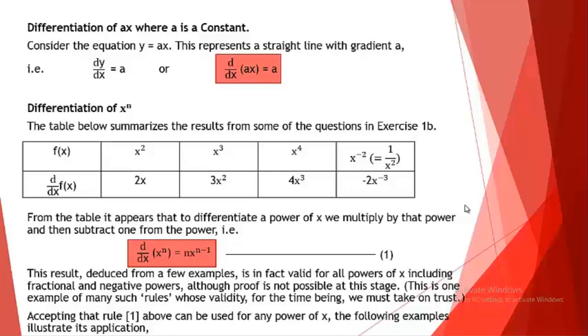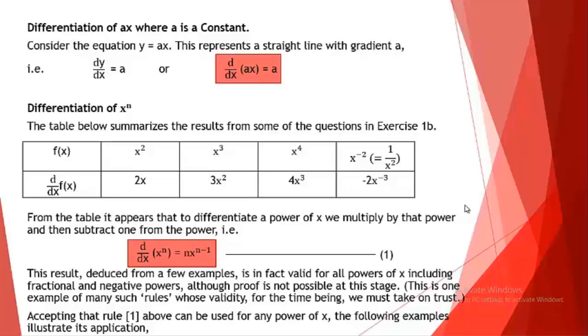From the table, it appears that to differentiate a power of x, we multiply by the power and then subtract 1 from the power. That is, the derivative of x to the power n with respect to x gives us n x to the power n take away 1, which is equation 1.